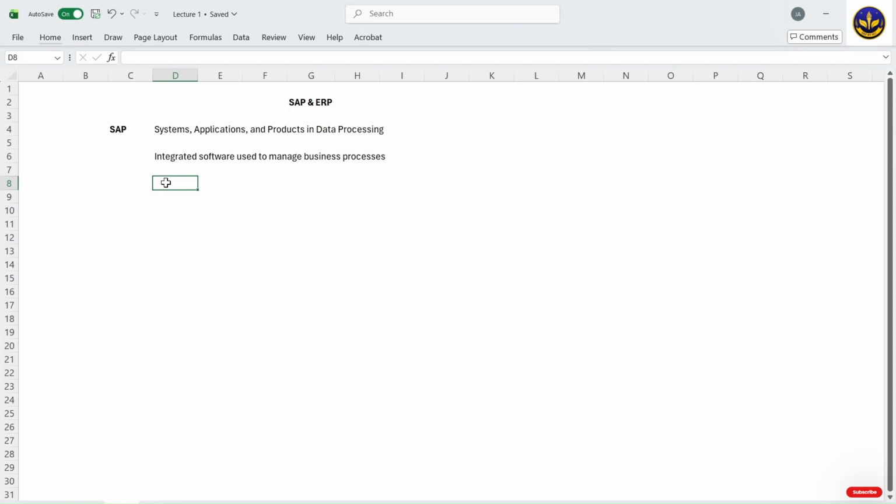Now we would be discussing the major processes which are involved in any organization, any business. So now the first is procurement.